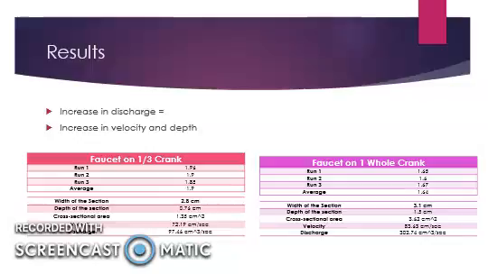So I determined that an increase in discharge equaled an increase in the velocity that the tape went down, and it also increased the depth. This would probably be the same as a stream, given that the stream stayed about the same size, because if it was a really big, wide stream, then maybe the velocity and depth wouldn't have changed as much.